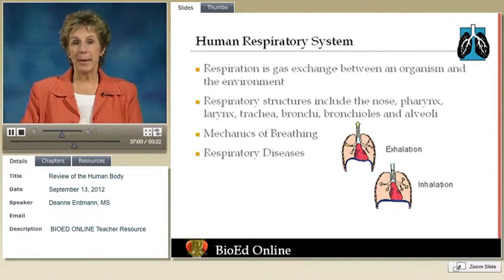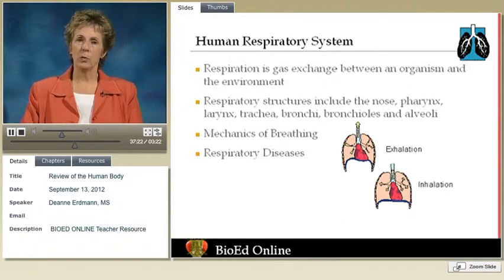When we want to talk about the mechanism of breathing, the lungs aren't made of muscle. They can't suck air in and out. And so we come back to Boyle's law, that if the volume of a given quantity of a gas increases, then the pressure decreases. And so the lungs are contained in an airtight cavity.